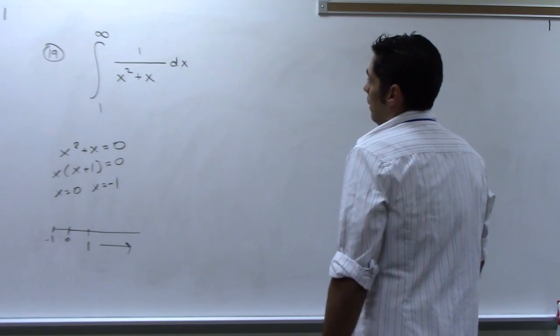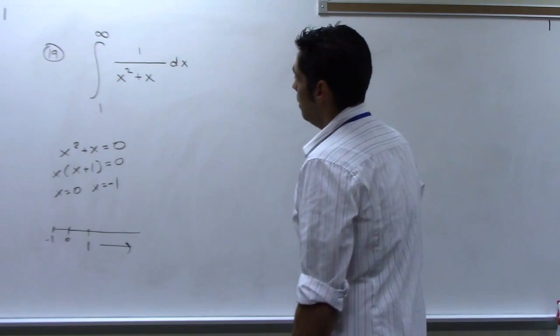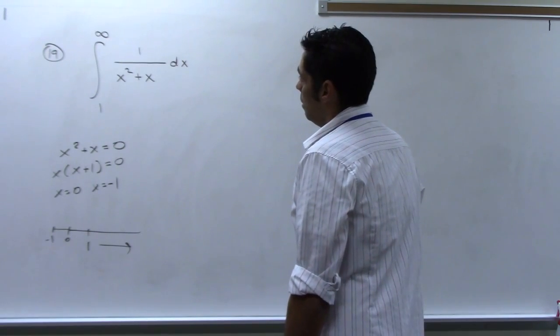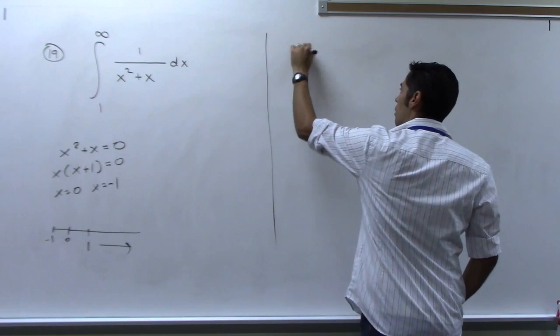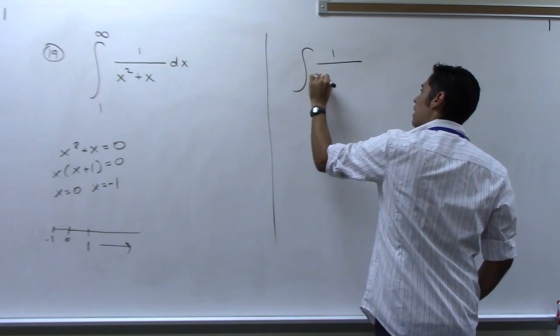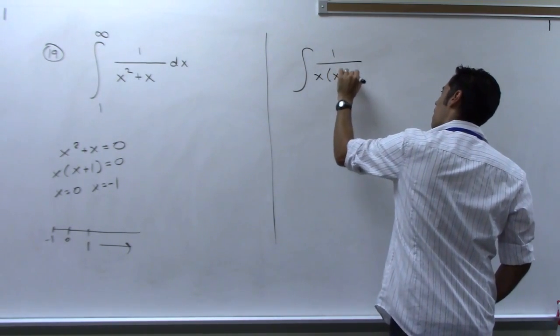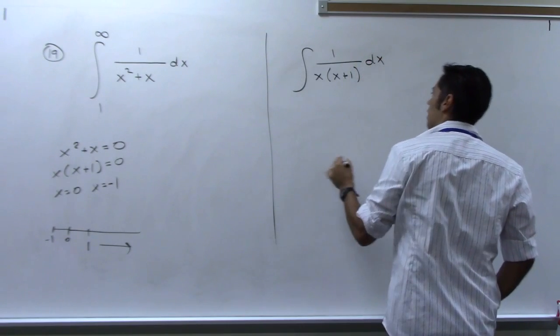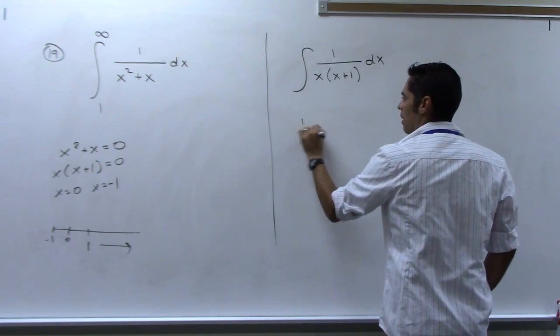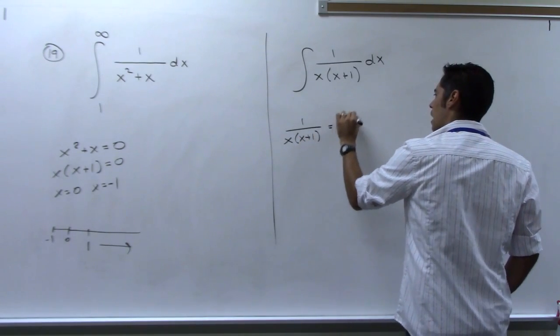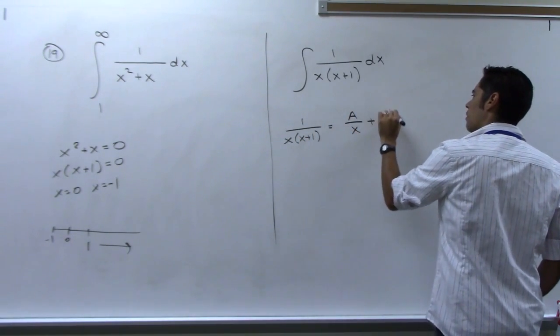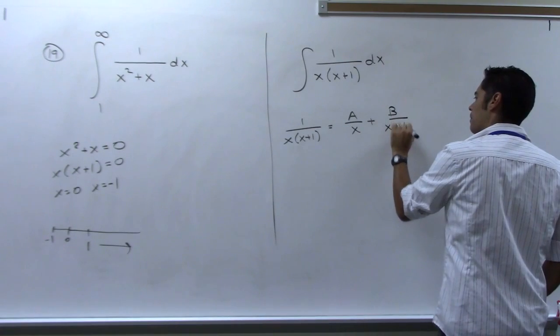But to integrate that, I'm going to have to use partial fraction decomposition. So I'm going to rewrite the integral and factor out the denominator. I need to rewrite this as a over x plus b over x plus 1.